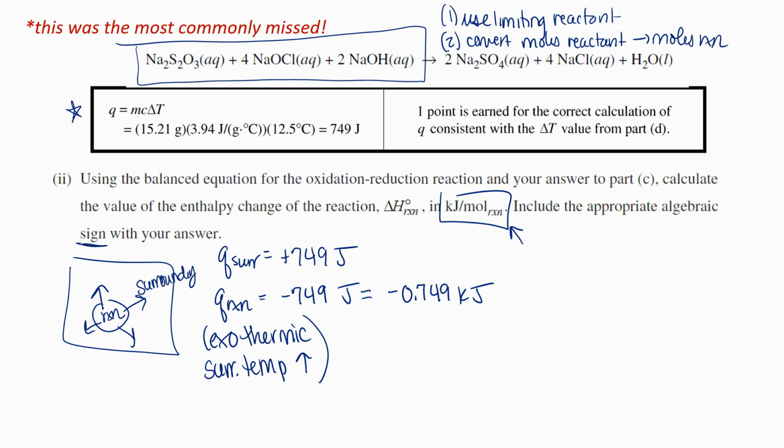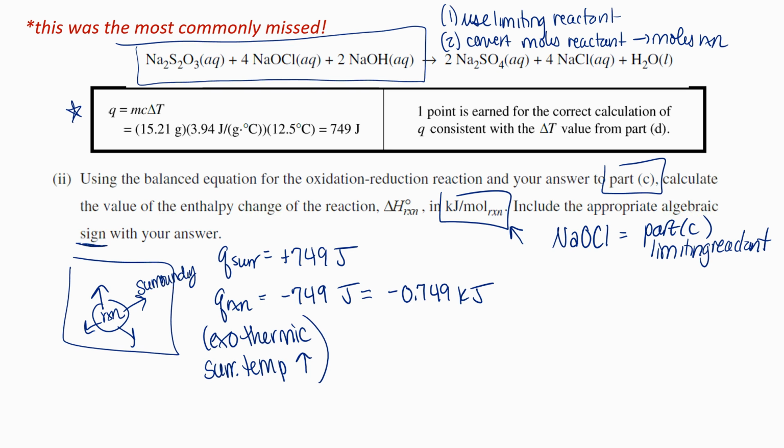And if we look back at your previous answer and you identify your limiting reactant, we found that the limiting reactant was sodium hypochlorite. And that was the answer to, let me look back, that was the answer to part C. Oh, and that's what they referred to here. Part C, that was our limiting reactant there.